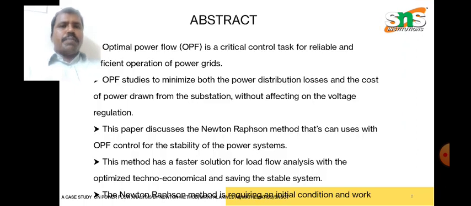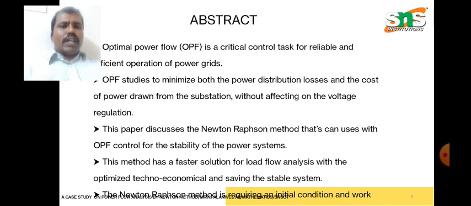Abstract: the optimal power flow is a critical control task for reliable and efficient operation of power grids. OPF studies minimize both the power distribution losses and the cost of power drawn from the substation without affecting the voltage regulation.